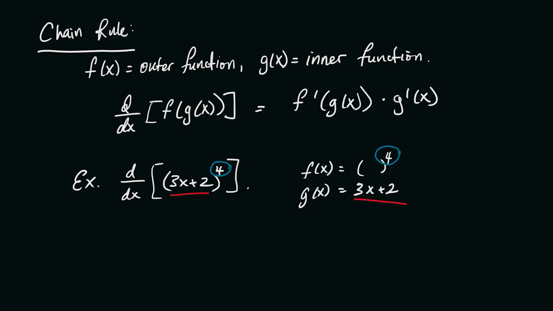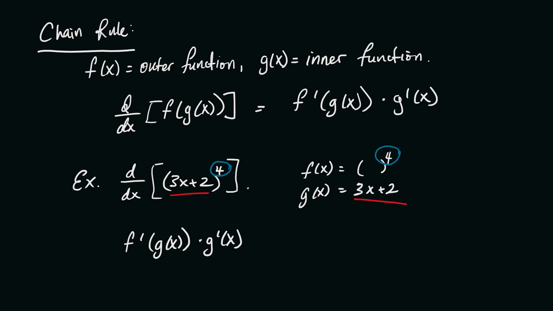So now we're going to try solving this. Since we're using the base equation of f prime of g of x times g prime of x, we know that f prime, since it's to the 4th, we're going to make it seem like it's x to the 4th, just as a placeholder for the inner function.